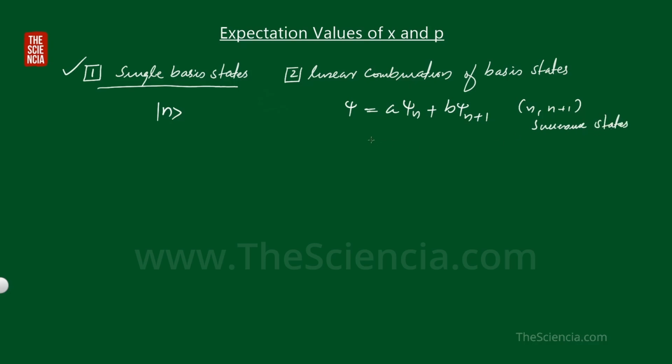So this is our wave function. There are two states, psi n and psi n plus 1, and the state of the particle is a linear combination of these two.